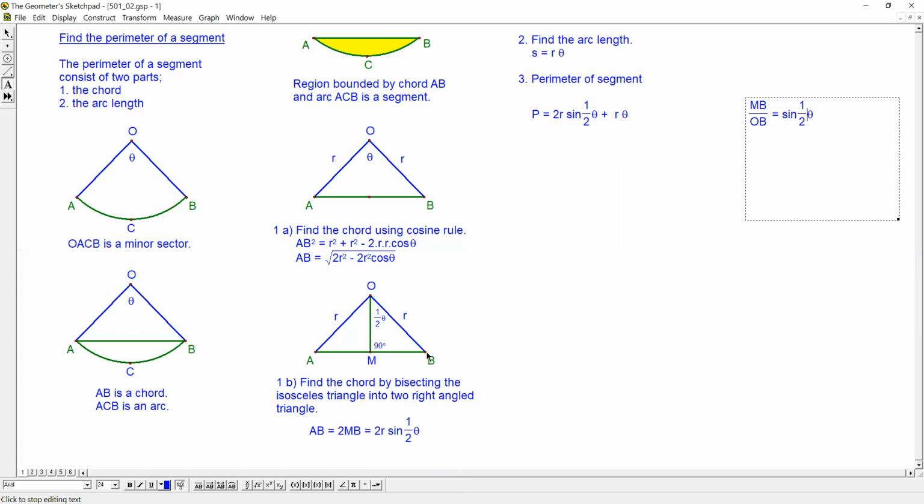MB divided by OB is sine half theta, like that, right?